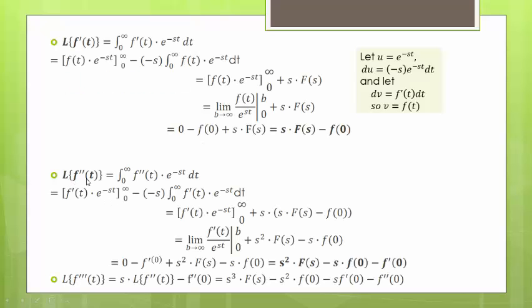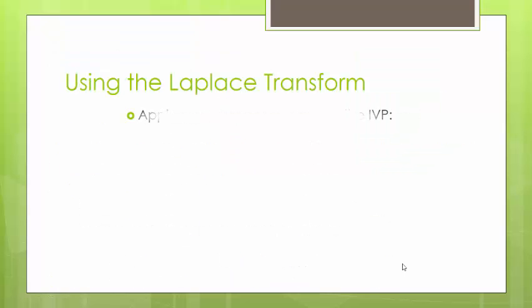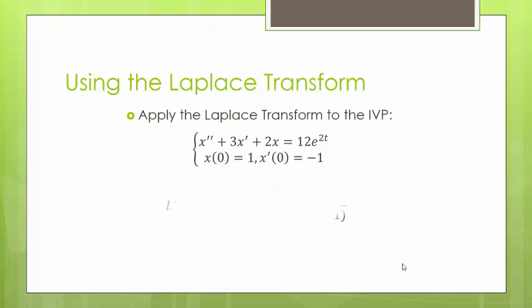So the Laplace transform of x double prime will be equal to s squared times the Laplace transform of x, minus s times x of 0, which we were given, minus x prime of 0. You'll also need to take the Laplace transform of 3x prime.